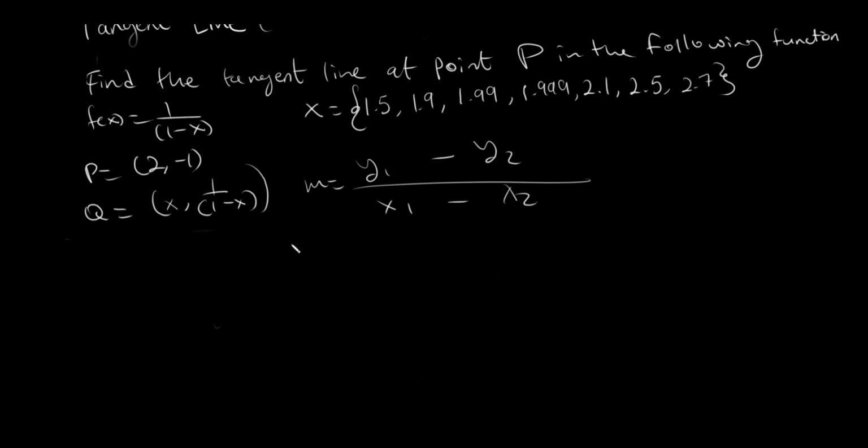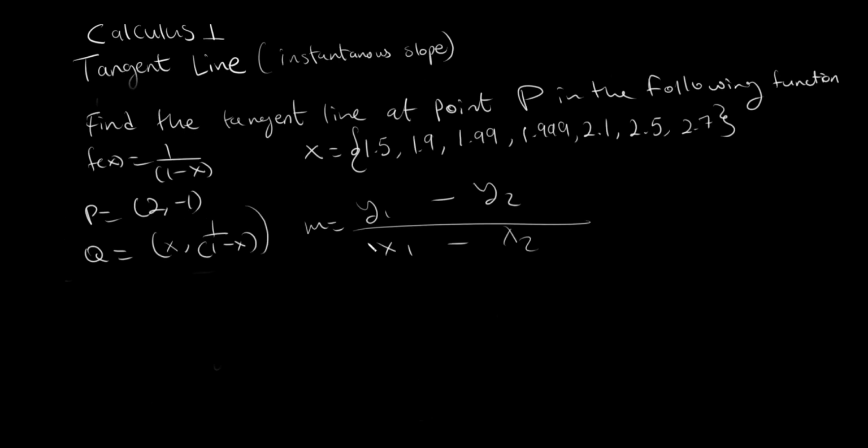So how do we do this? Let me remind you that the tangent line is connected to one slope, and what we're basically doing is taking slopes approaching our main slope, taking points that are closing up to it. So let's do it.